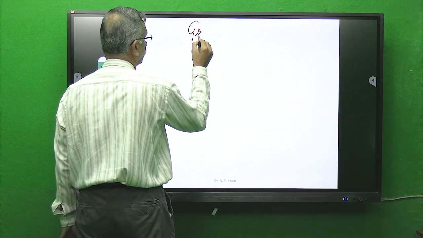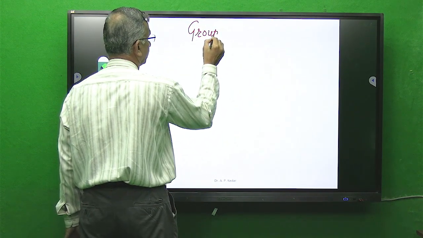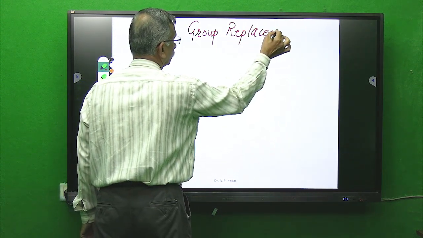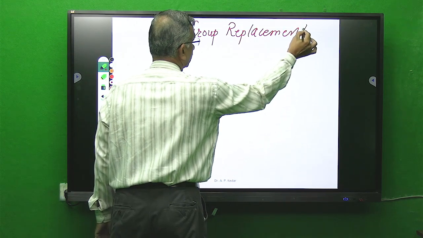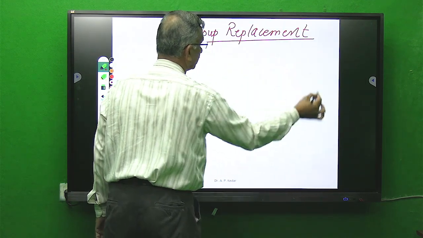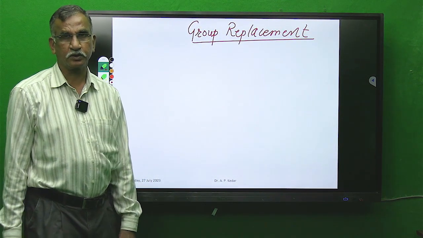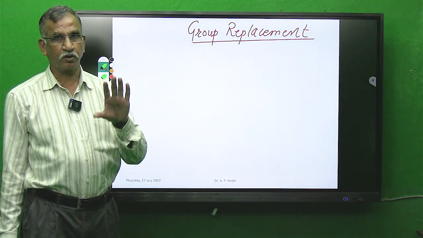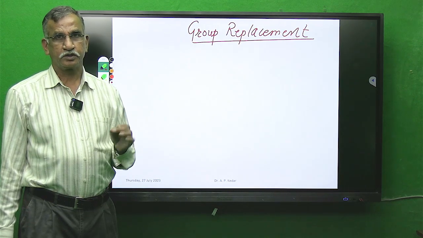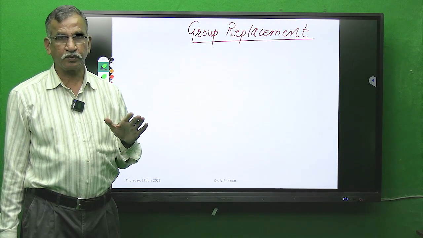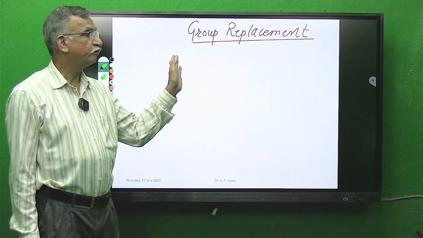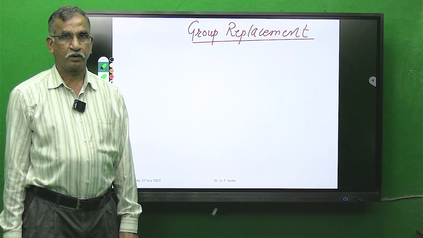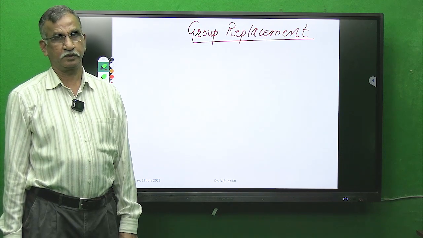Now, group replacement. In group replacement, I have already explained the concept in the last lecture: after some time we will be replacing all components in a group, whether they fail or not, but in between we will replace only those components that have failed.